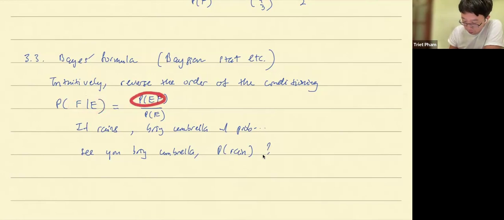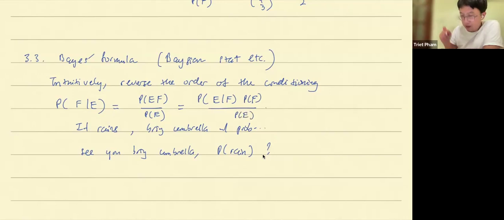But once you have P of EF, you can rewrite that using the multiplication rule as P of E given F times P of F over P of E. And that's how, at the most basic level, you reverse the order of conditioning. So to find P of F given E, you do P of E given F times P of F over P of E. And the reason is they're both connected by their intersection. Okay, so far?